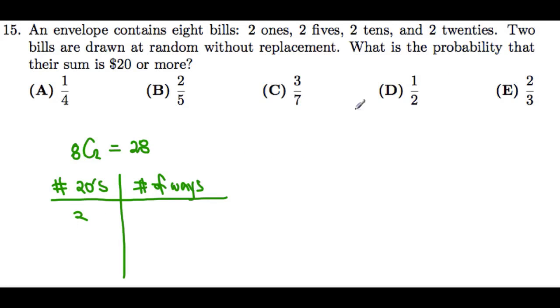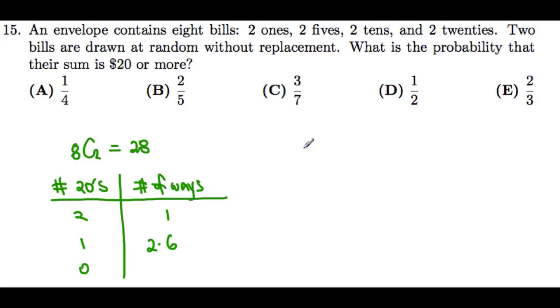In fact, it would have been only one way. How about picking only one 20? Then I have to pick one 20 and then one of those 6, so therefore 1 times 6, but at the same time I could pick one of these 6 first and then one of the 20s. So we just have to multiply that by 2.